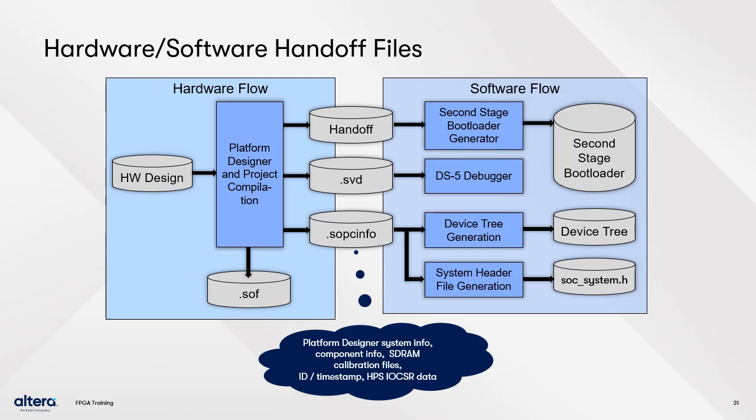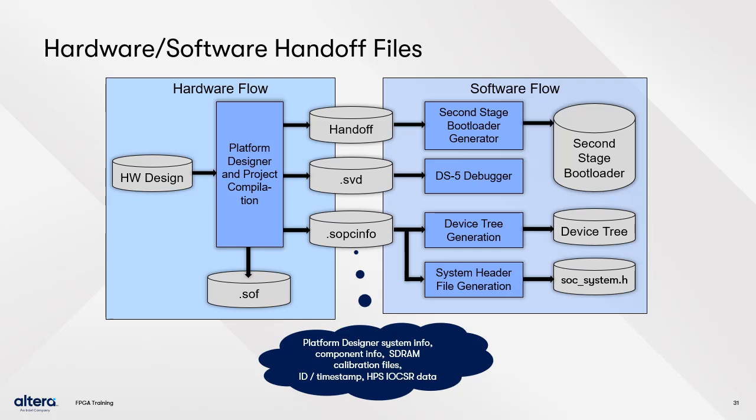Each individual FPGA peripheral, whether custom or off-the-shelf, would need to have an SVD file that gets aggregated when Platform Designer generation happens. Lastly, the SOPC info file output of Platform Designer is used by the device tree generator.